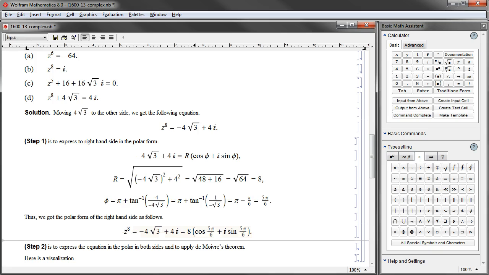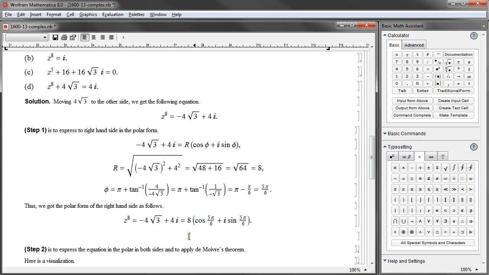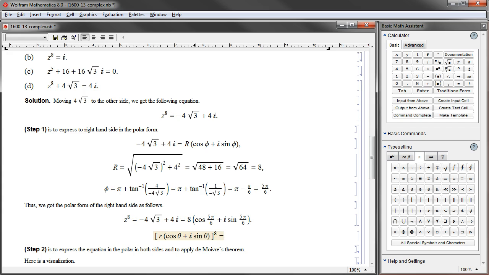What if we do that? It will be r times cosine theta plus i sine theta, to the 8th power, equal to this right hand side, isn't it?